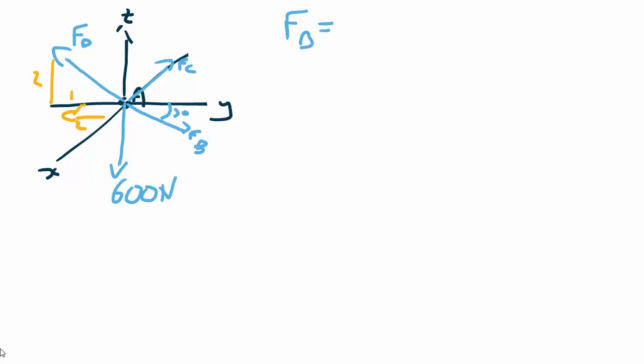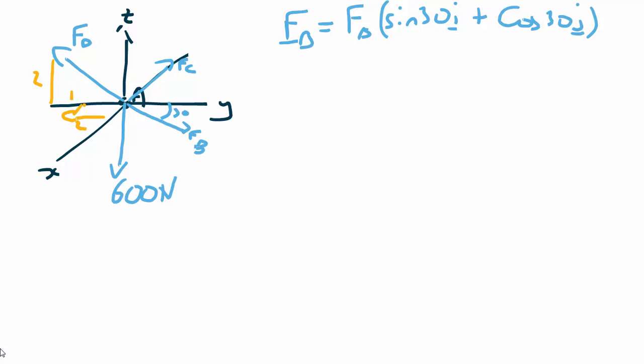FB is going to be FB sine 30 i plus, put the brackets there, I only have to write it once, that should be a B, so it should be a cos 30 j. We've got that because the FB is only acting in the XY plane.